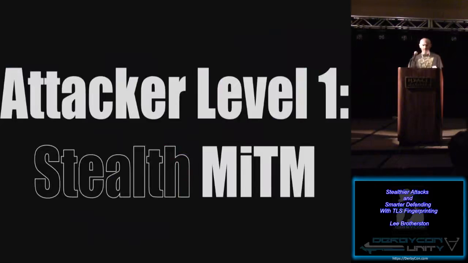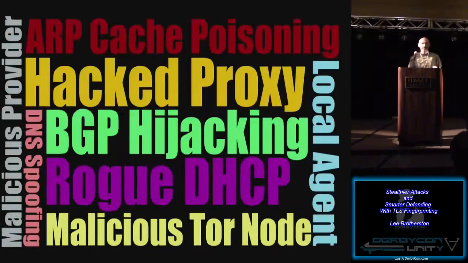So, attackers are normally man-in-the-middling when it comes to TLS, because passively doing something with TLS doesn't do a whole lot. There's a bunch of ways to get in the middle, and it depends on who the person is. It depends where they are, how well funded they are, technical capabilities, that kind of thing.